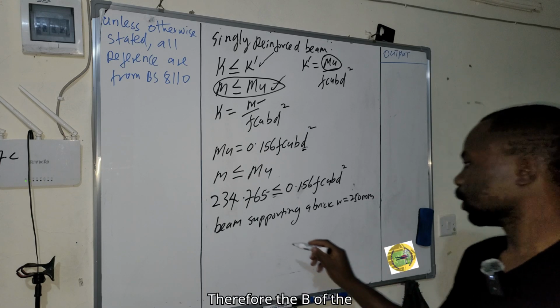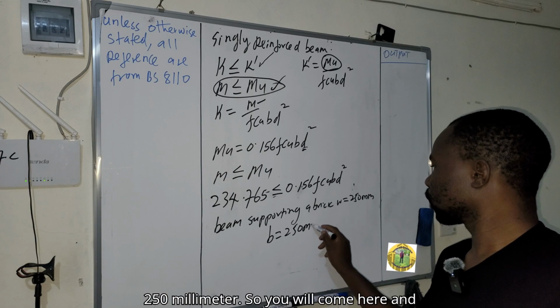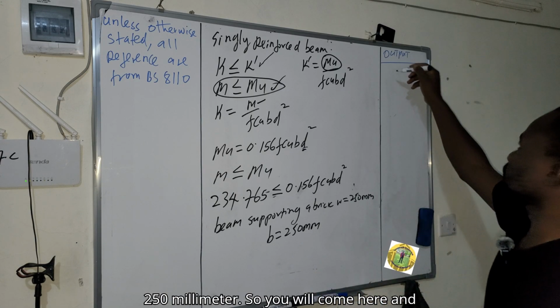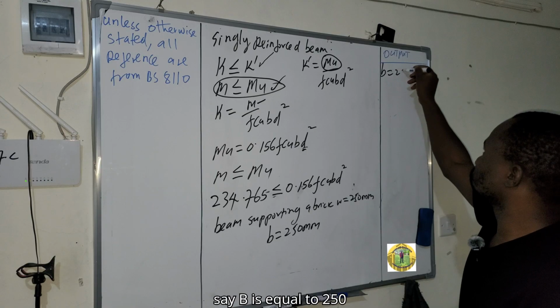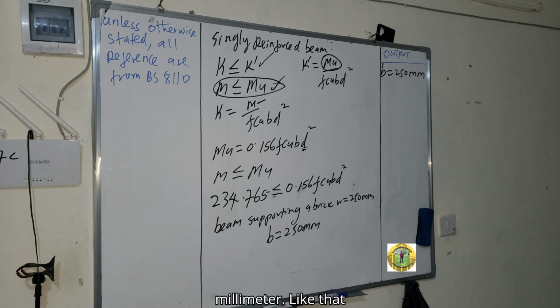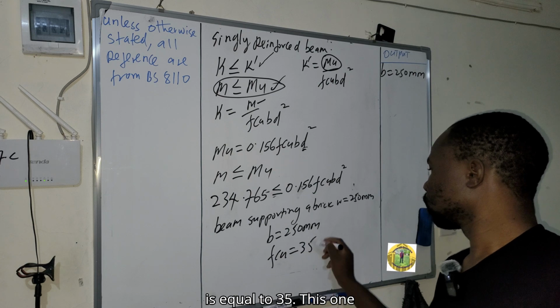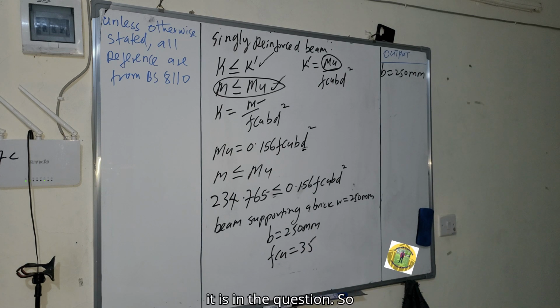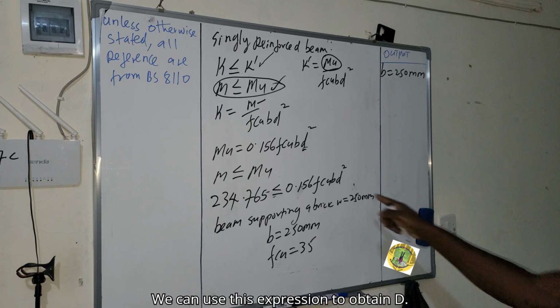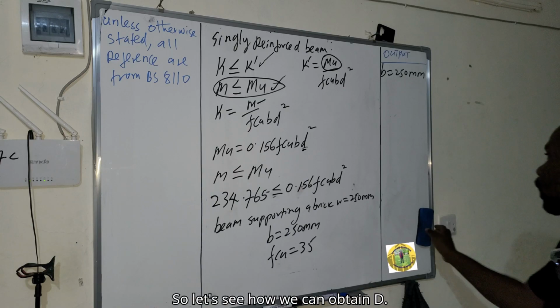Therefore, the b of the beam is equal to 250 millimeter. So you will come here and say b is equal to 250 millimeter, and fcu is equal to 35. This one, it is in the question. So we can use this expression to obtain d. So let's see how we can obtain d.